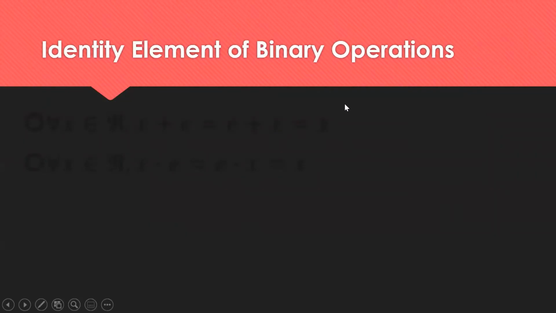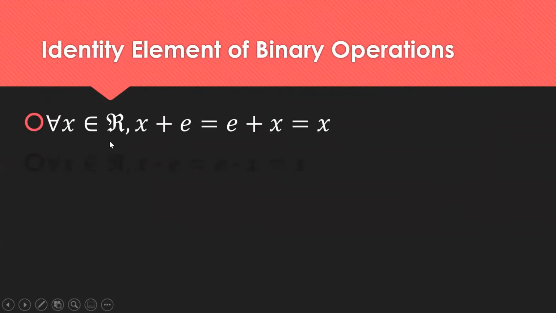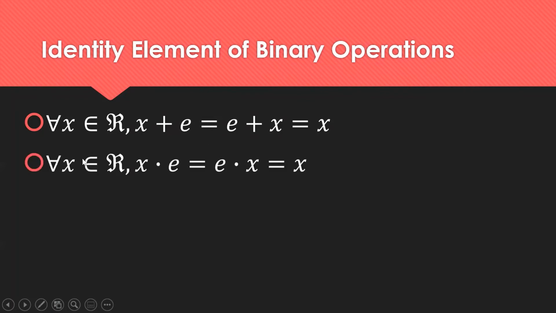Next is the identity element of binary operation. For every real number x, x plus e is equal to e plus x is equal to x. For multiplication, for every real number x, x times e is equal to e times x is equal to x.